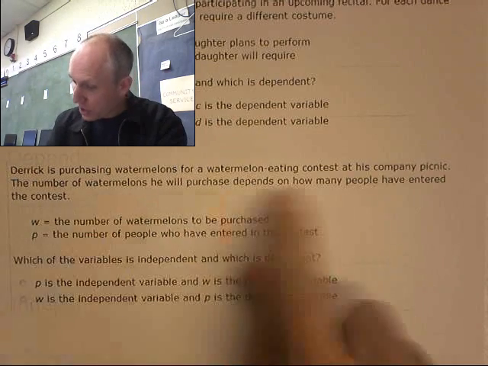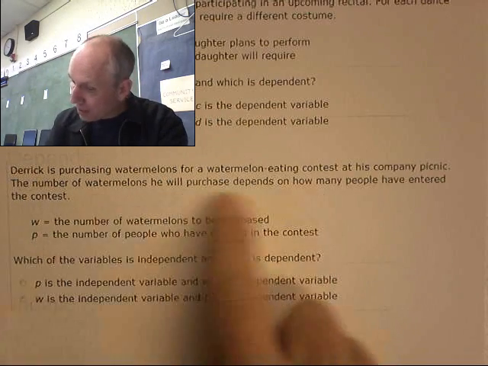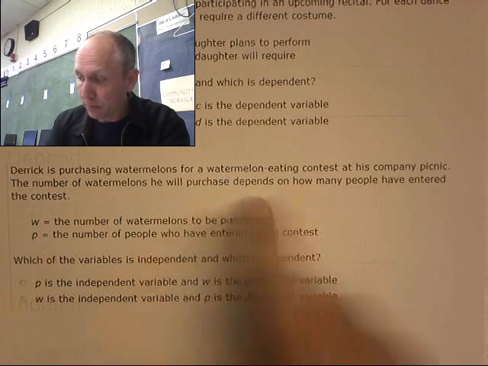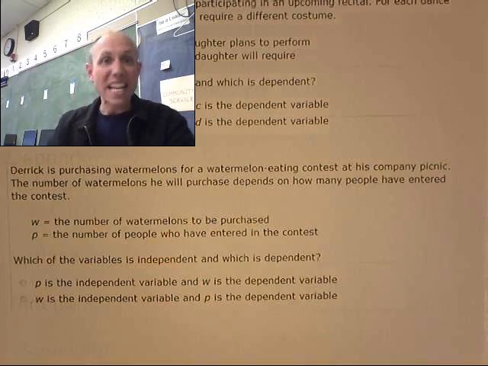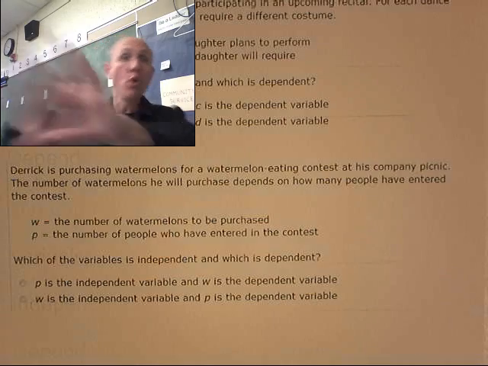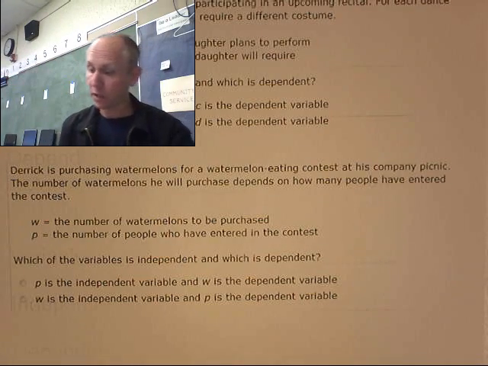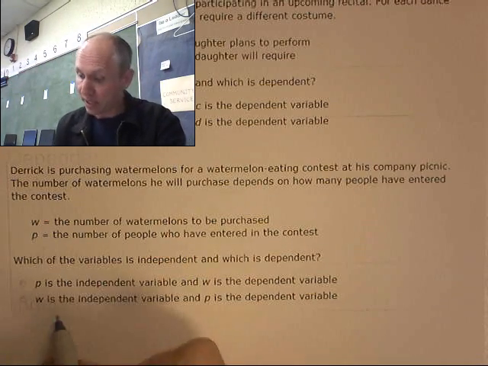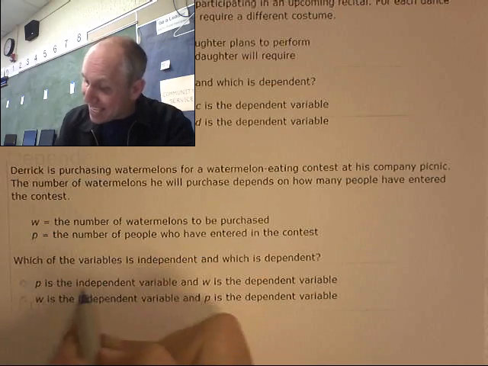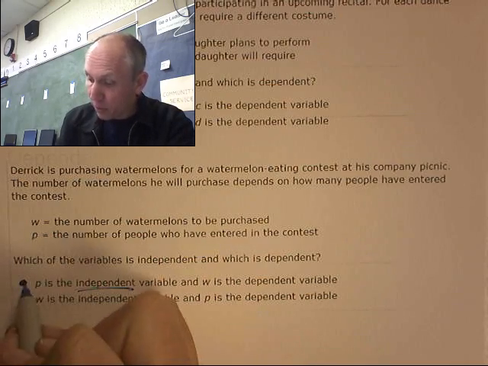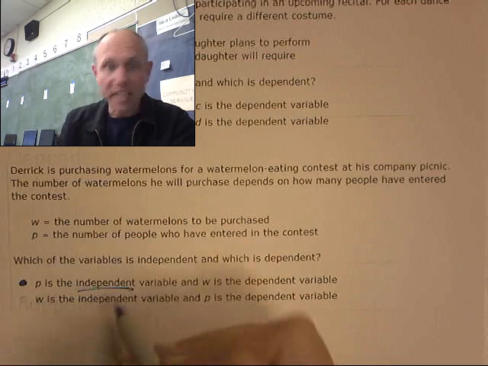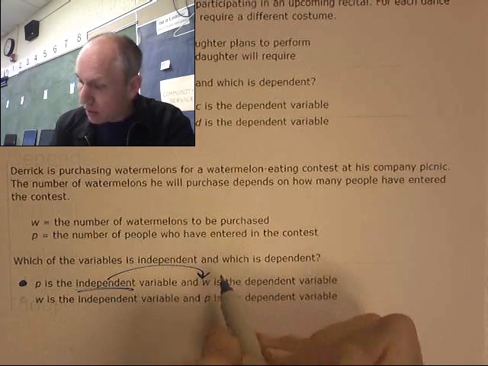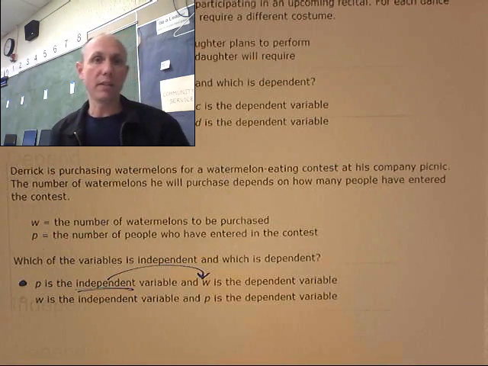And it's telling us right here. The number of watermelons depends on the number of people. It's the people that's pushing out the number of watermelons. So what's dependent or independent? P is independent, the number of people. That's what he looks at first, and that drives out the number of watermelons.